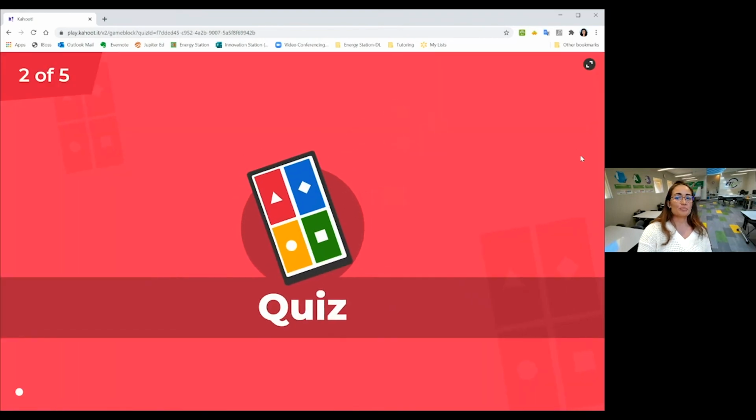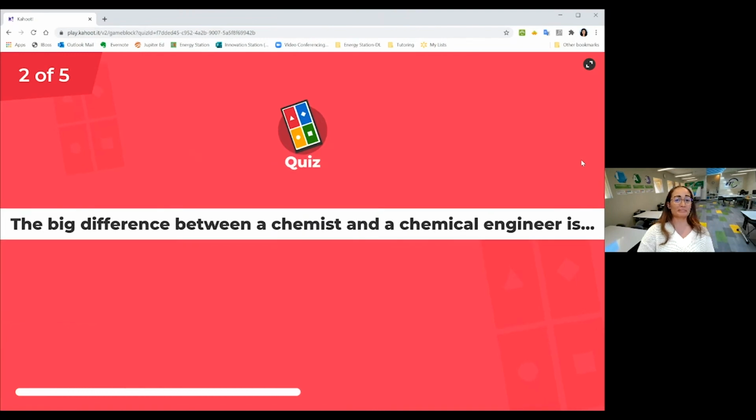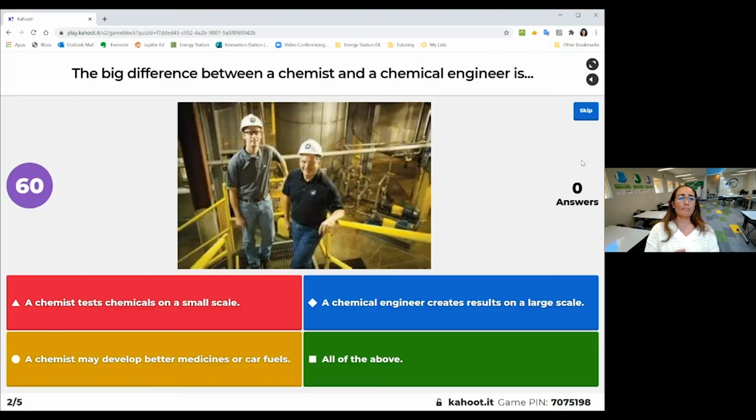Okay, let's try the next one. We got so many people. We have interesting names out there. Okay, number 2. The big difference between a chemist and a chemical engineer: a chemist tests chemicals on a small scale, red triangle. A chemical engineer creates results on a large scale, blue diamond.